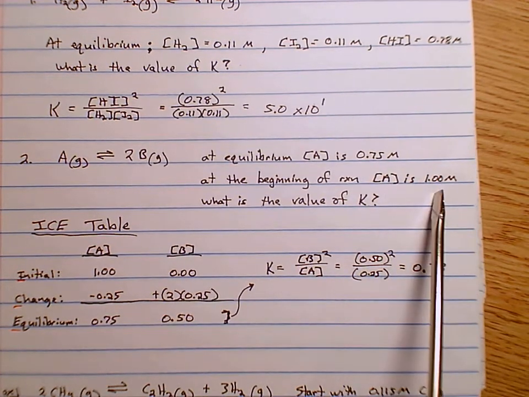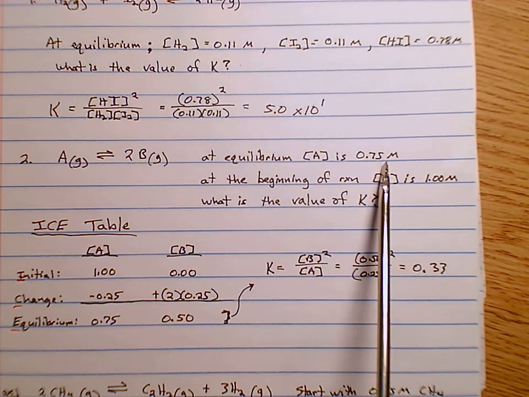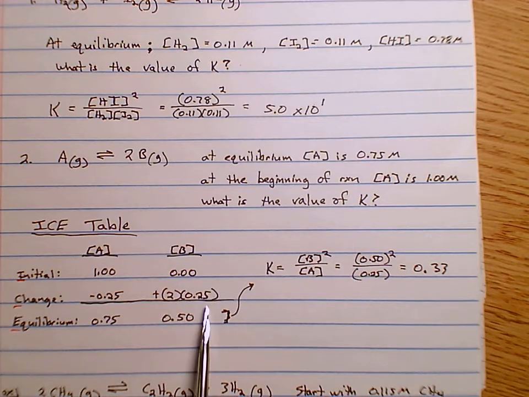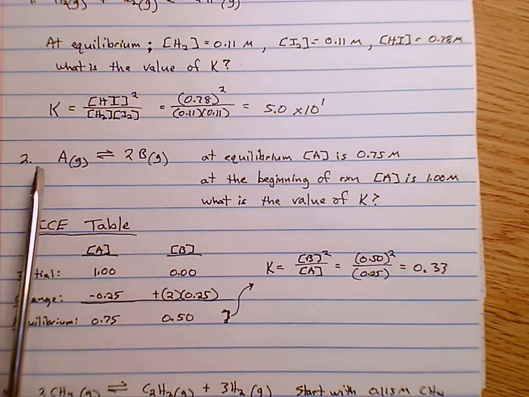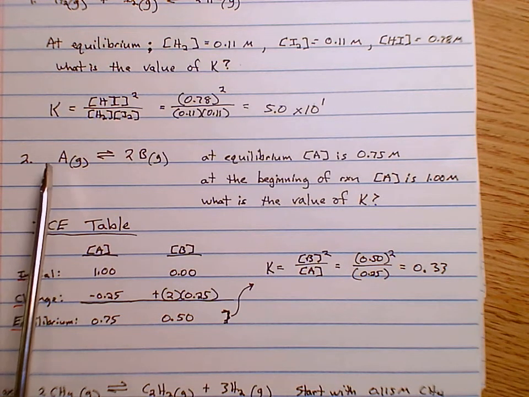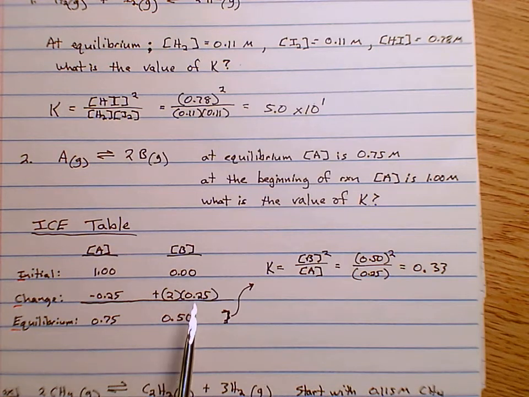What's going to be the change? Well, we look at our data. At the beginning of the reaction, we start with 1 molar A. It has now dropped to 0.75 molar. So the change was minus 0.25 molar. From there, we can figure out what the change in B is going to be, because if A drops by 0.25 molar, but every A turns into 2 B's, B is going to increase by 2 times that 0.25 molar.